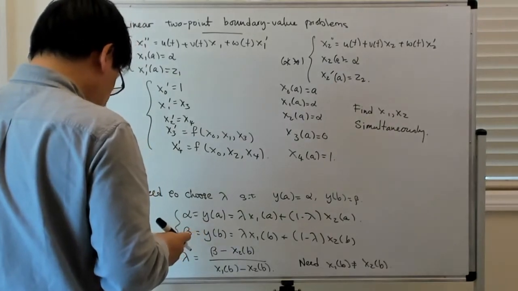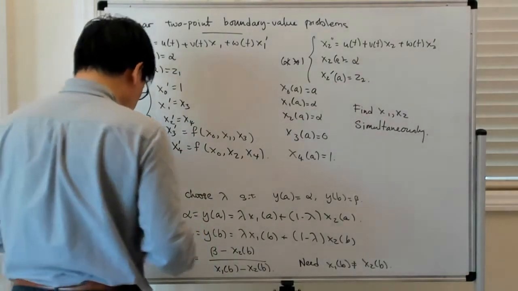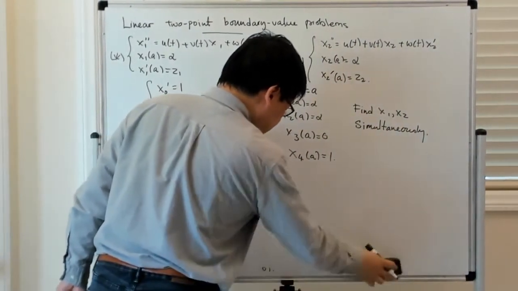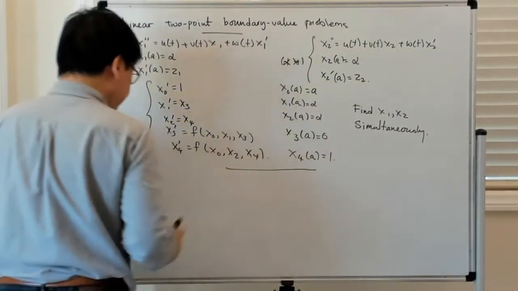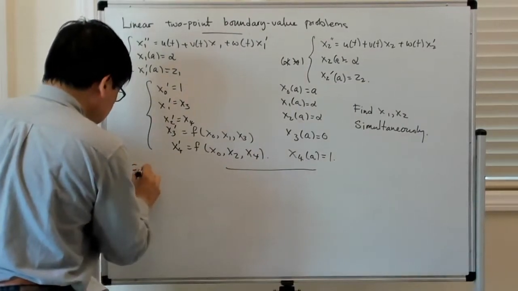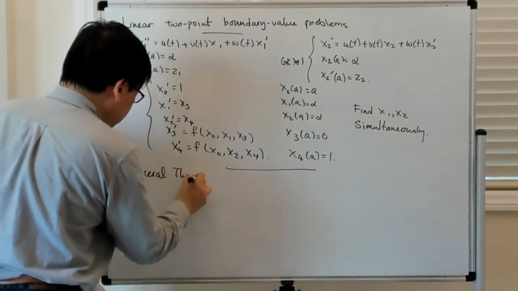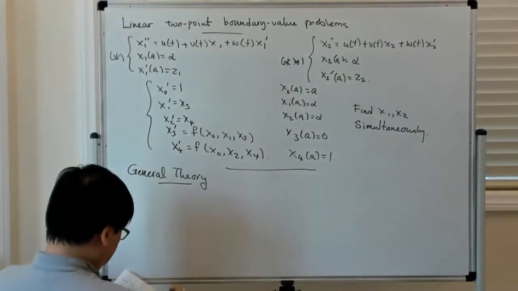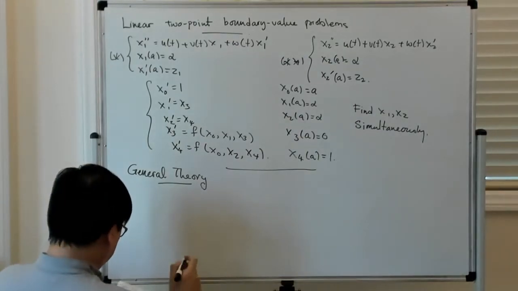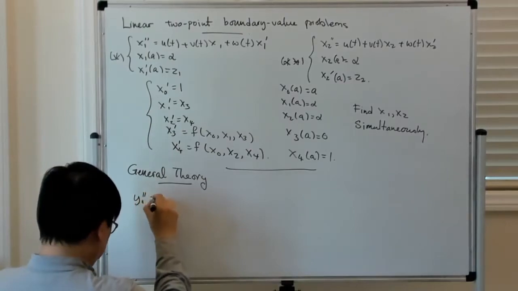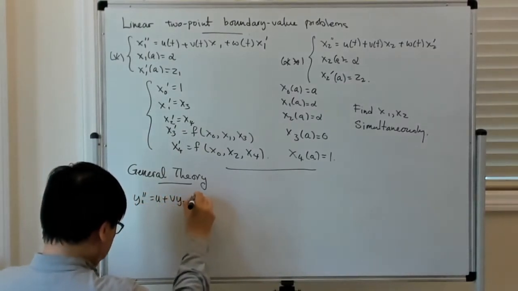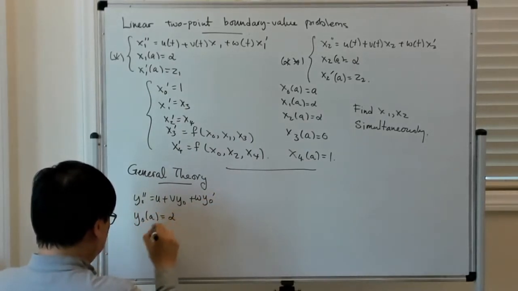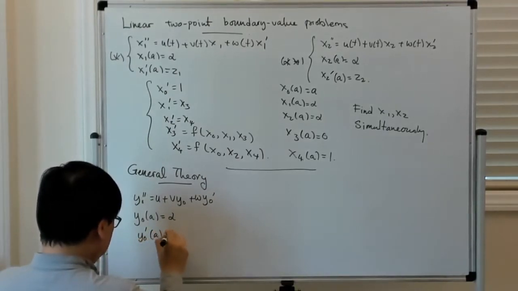All right, so let's see what the general theory behind all of this is. We're going to break it up into 3 pieces. y0 double prime is equal to u plus v y0 plus w y0 prime, with y0 at a equal to alpha and y0 prime at a equal to 0.